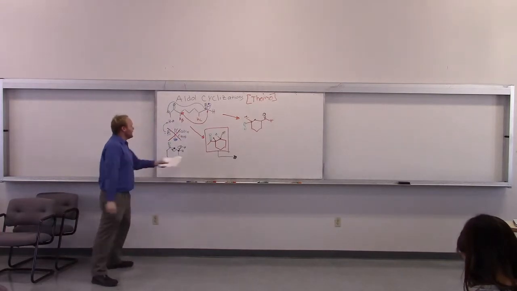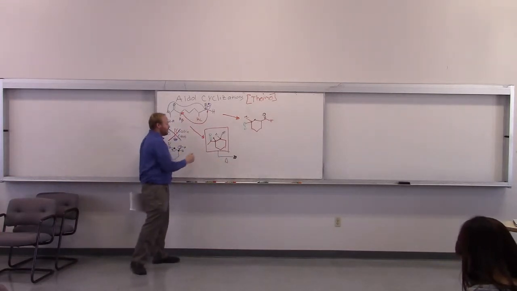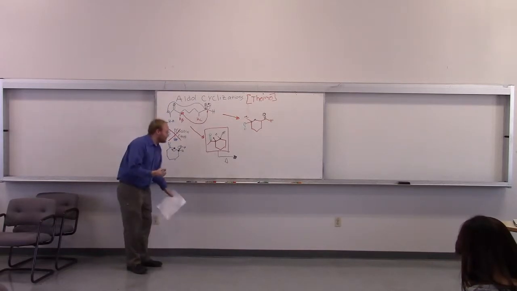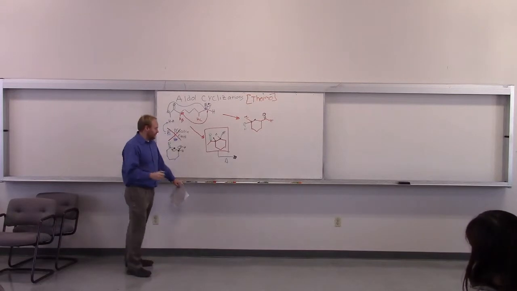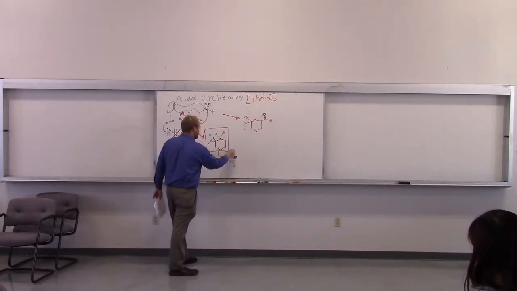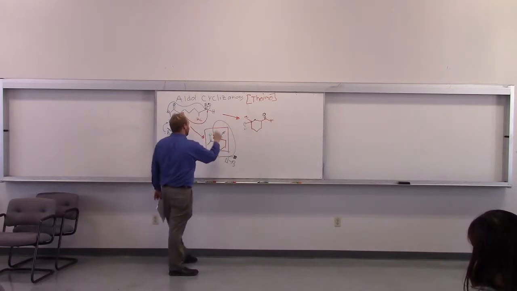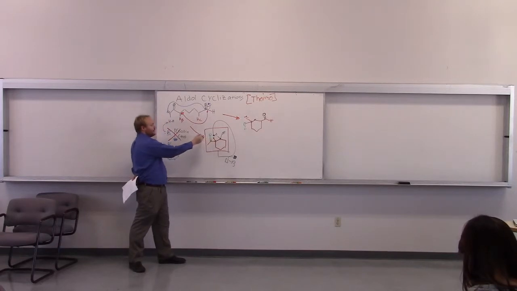So in this case, if we were to heat it up under basic conditions, then we would get an aldol dehydration through, under basic conditions, an E2-like mechanism, right? So when we remove this proton, electron density goes to the enolate.